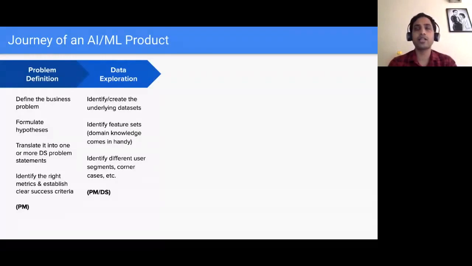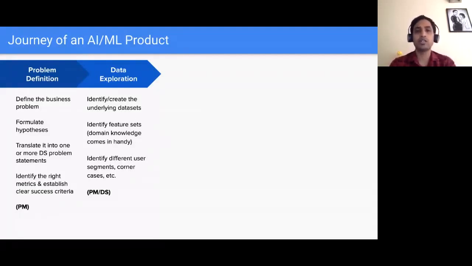And how do we look at different customer segments? There could be different user segments, and all of them could exhibit different behavioral patterns, and the data could show different nuances in each of these. A PM is supposed to have full context on the business and the domain. He's the most informed person to make hypotheses or build awareness around this.